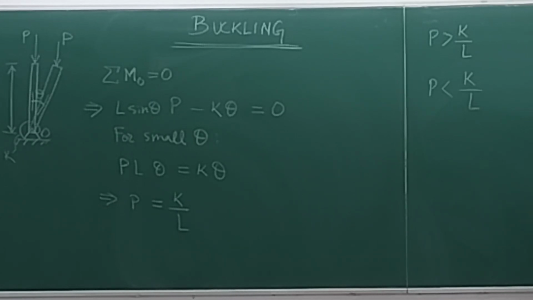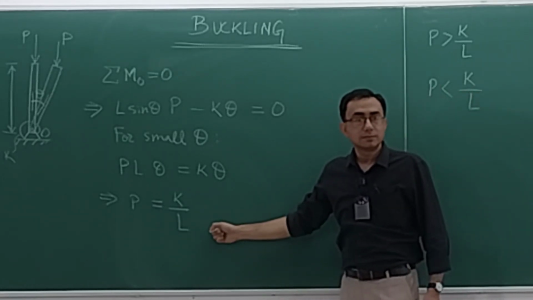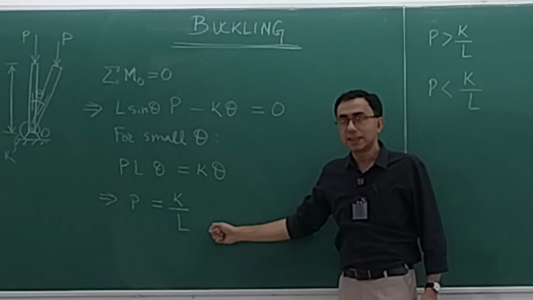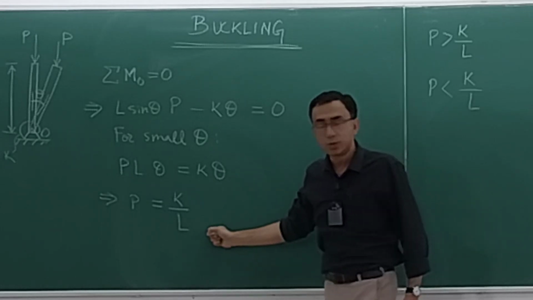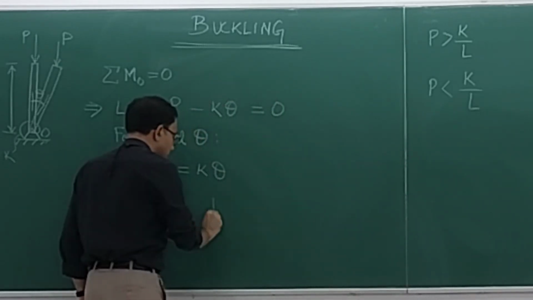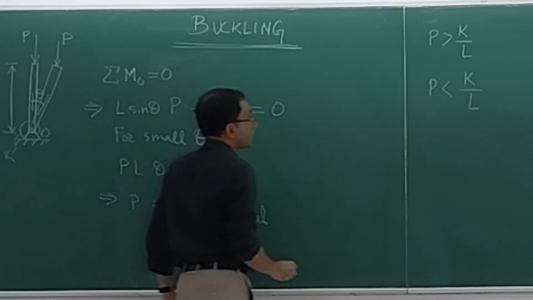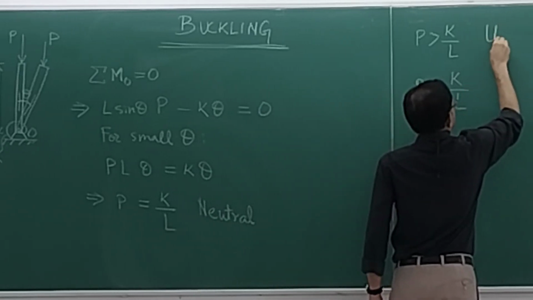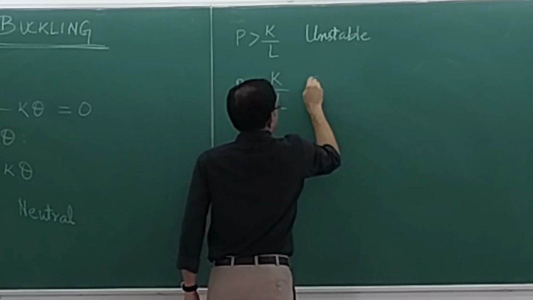That is a stable position. And what is this? This is nothing. So nothing, we give it a name, we call it neutral. Okay, we call it neutral equilibrium. Okay, so this is neutral. This is unstable. And this is stable.